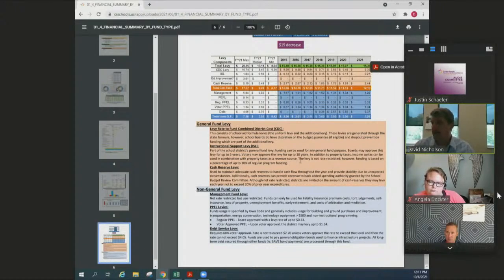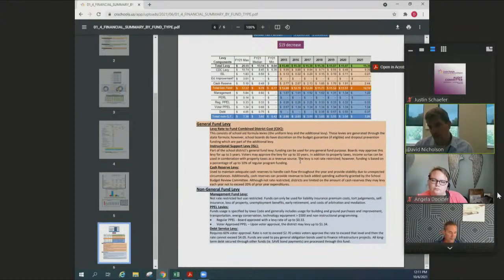That is how it is calculated. You can fund it with a combination of an income surtax or property tax. A lot of schools, you'll find it's a mix, hit or miss. We fund it with a combination of property taxes and income surtax.